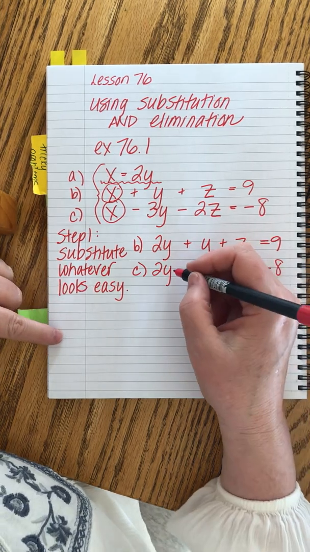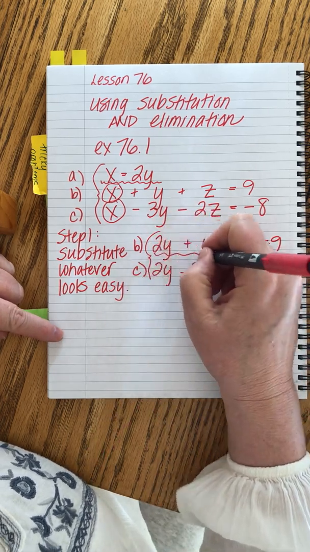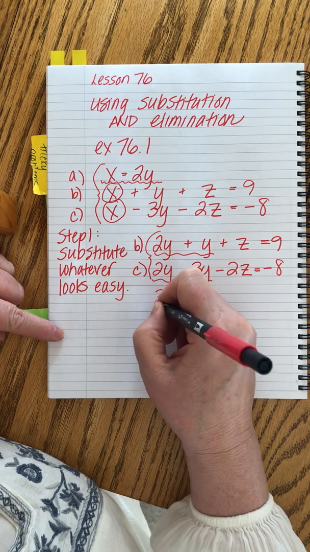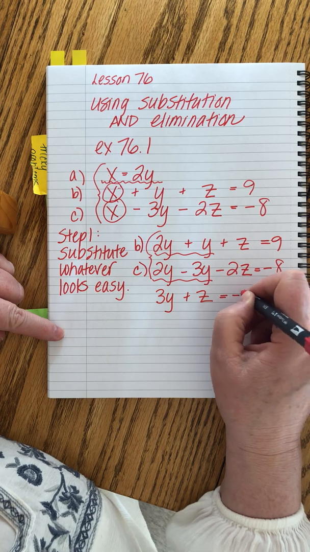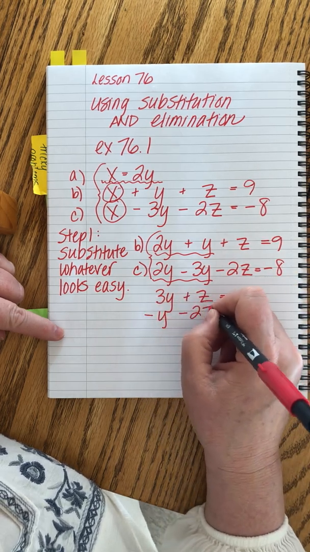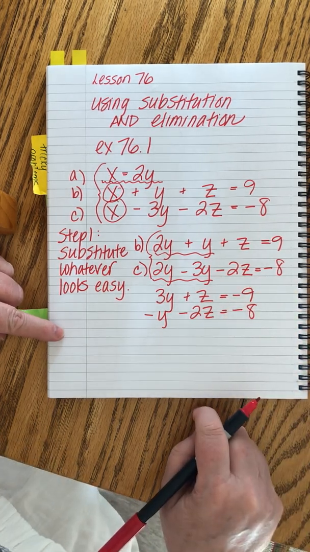And now I'm going to put this around it again. We can add these like terms, can't we? So we'll have 3y. Right, there's our new system.